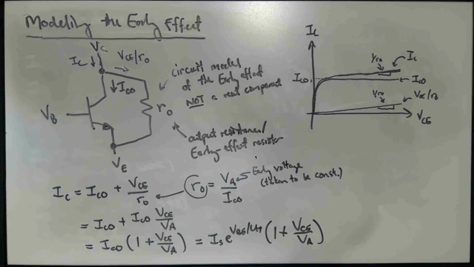Also, we may wind up starting out ignoring the early effect or assuming it's negligible, and then go back and make a second iteration of our analysis where we think about now that we understand the basic 0th order behavior of the circuit, if we were to add an early effect in that is significant or non-negligible, how would that change the picture of the behavior of the circuit that we created, assuming that it was negligible?